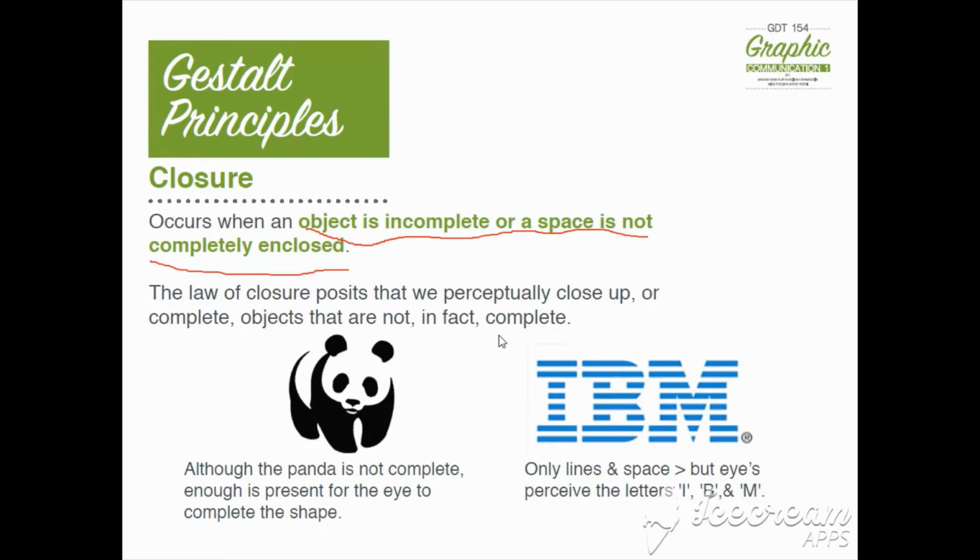Very complicated ayat dia, tapi senang cerita dia cakap objek ni nampak tak complete sebab kita nampak shape dia tak berapa complete, but somehow bila kita nampak subject matter ni ianya berjaya nampak sebagai ikon panda lah, sama macam signage system yang kita dah belajar. So although the panda is not complete, enough is present for the eye to complete the shape.